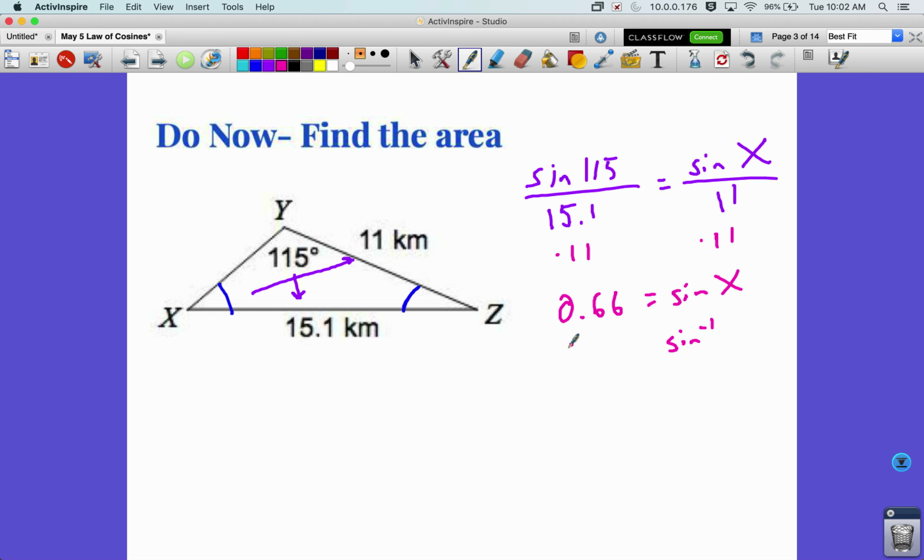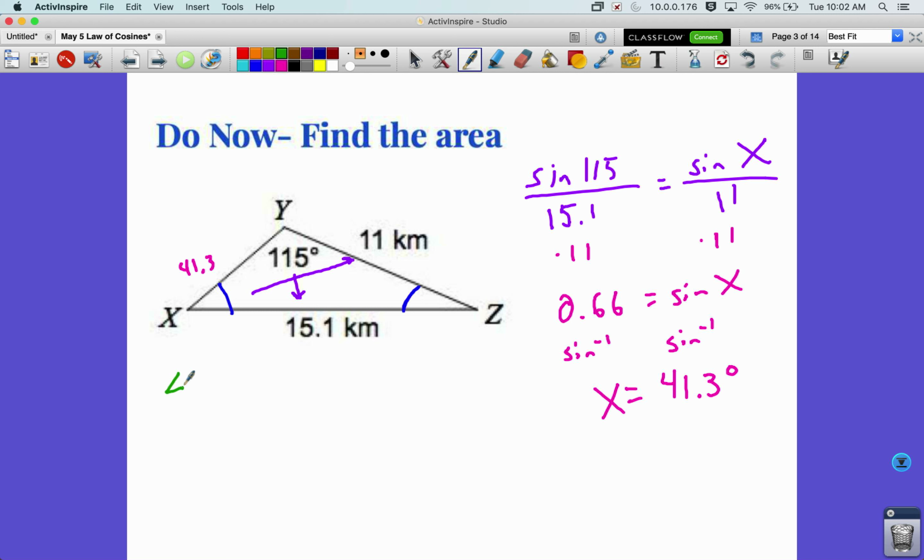Now with that number still in your calculator, just do inverse sine of the second answer. And we get x equals 41.3 degrees.